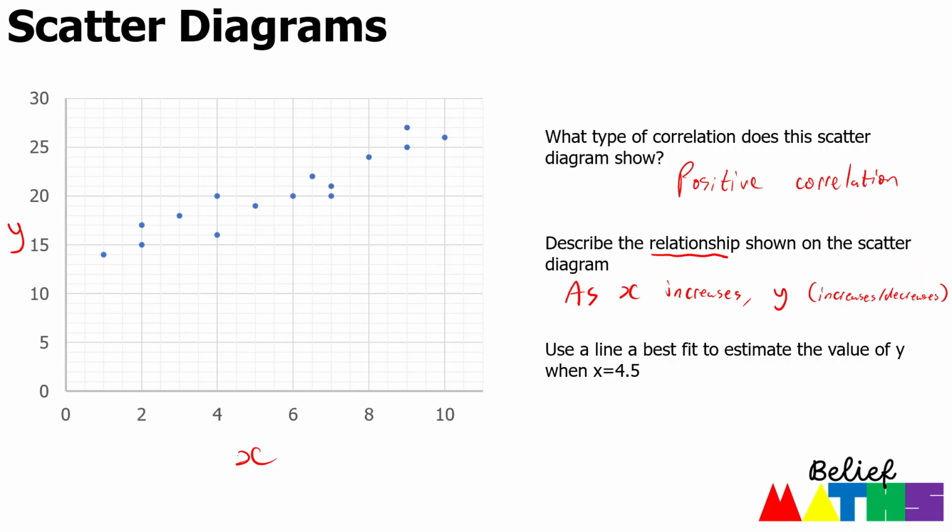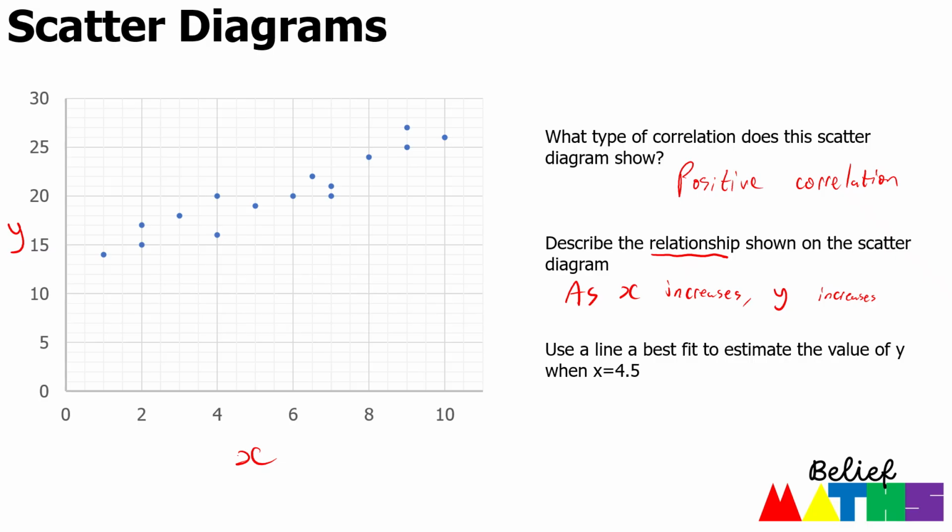Now, in this question, the answer is increases, because you can see it goes up because it's a positive correlation. So if the bottom was time and the top was, I don't know, melting level, as time increases, the level of melt increases, for example. So whatever those values are, you just sub in those words as x increases, and then if your graph goes up, y increases, or if it comes down, y decreases.